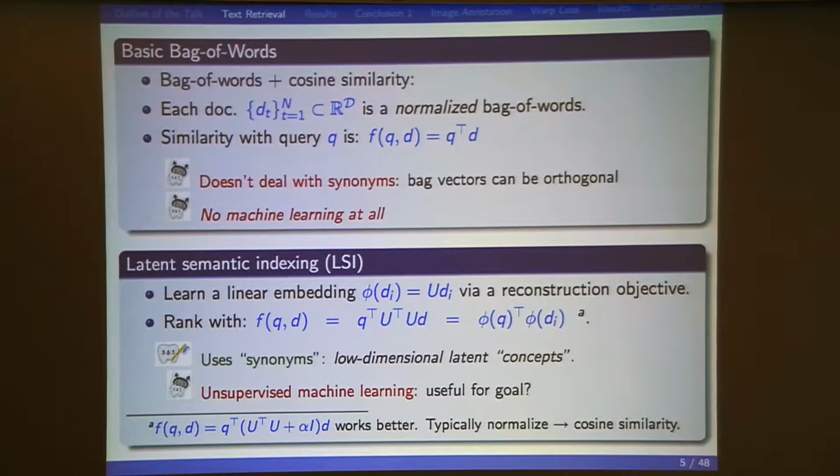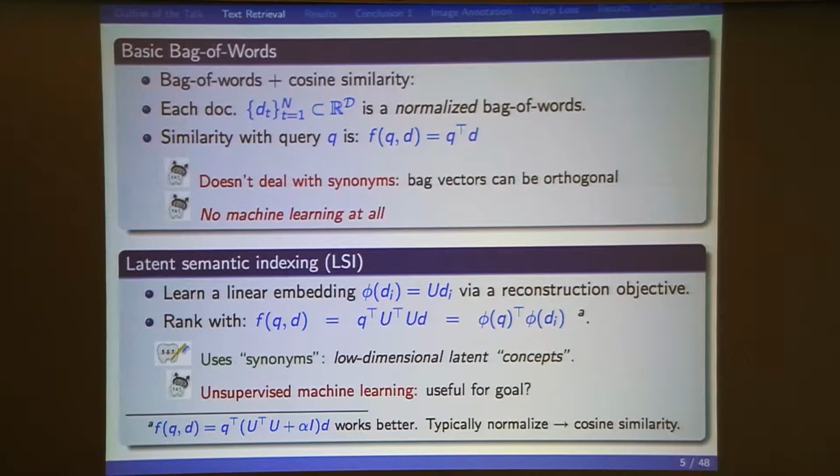So if, for example, two words like cat and kitten have similar embedding vectors after the transformation U, then you'll get a higher score for that than for matching cat with some other word like, I don't know, parrot, or something even more irrelevant.